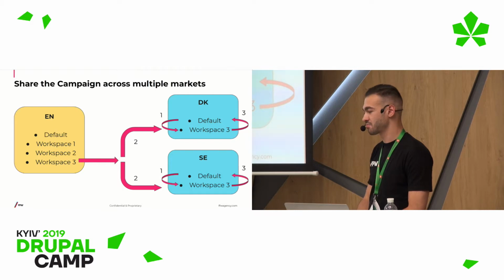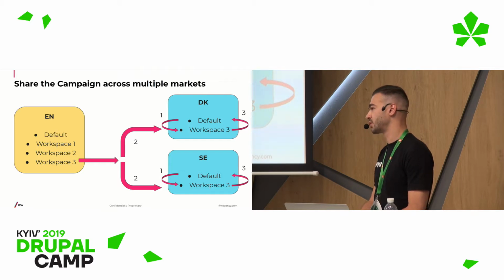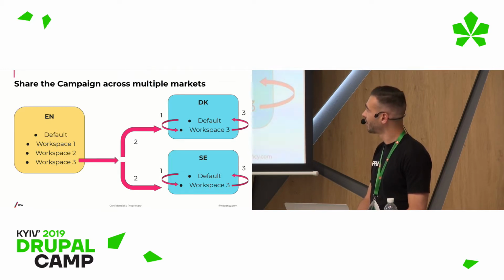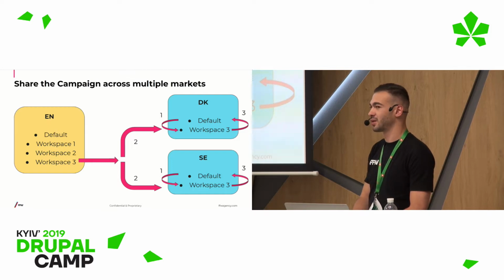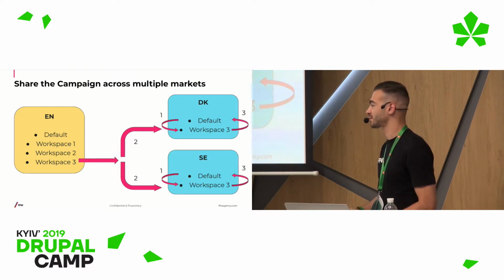Let's say they have an advertisement campaign and they create a separate workspace for it where they fill in all the content. This advertisement campaign usually happens across multiple markets simultaneously with the same launch date. The content is pretty much the same. The only difference is that it should be translated.